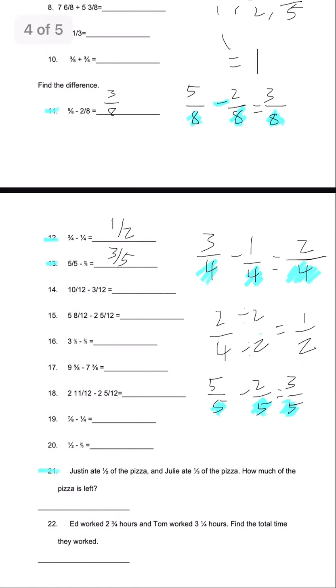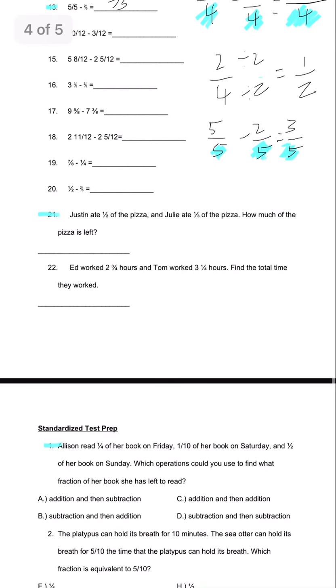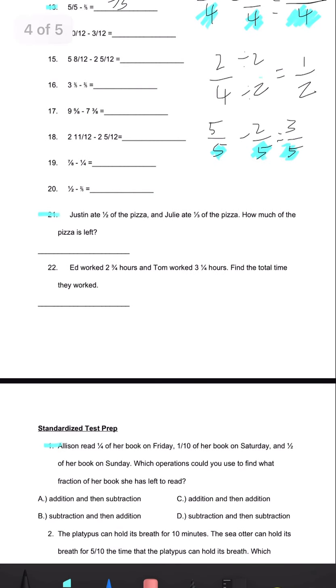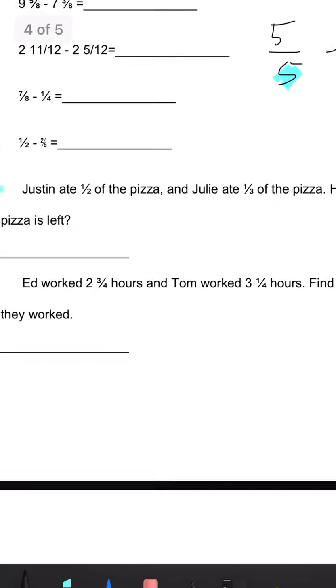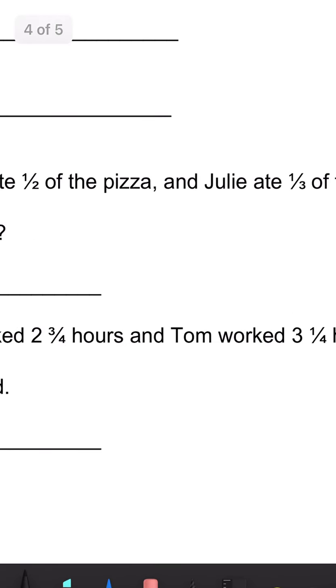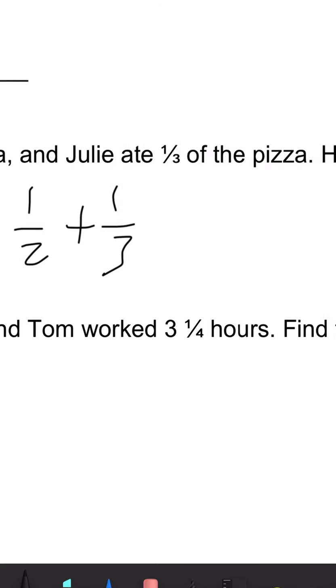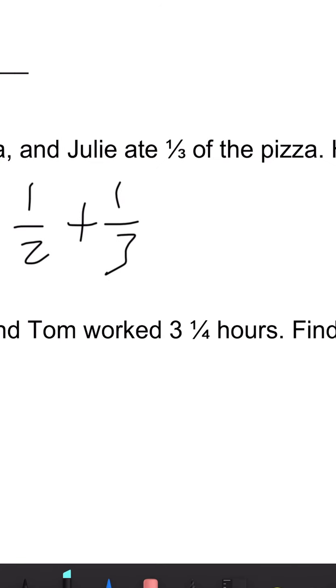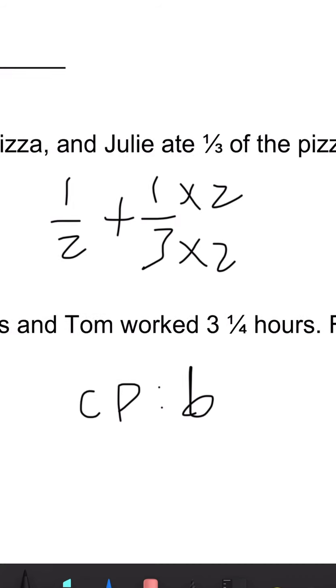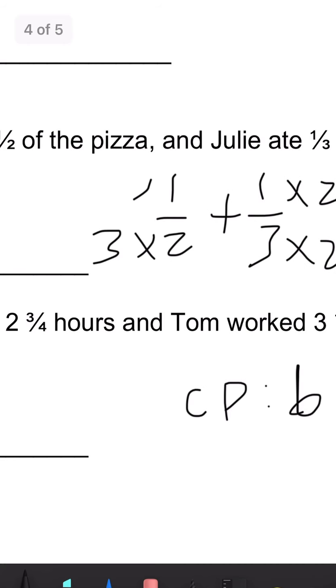Number 21, Justin ate 1/2 of the pizza and Julie ate 1/3 of the pizza. How much of the pizza is left? So our first step would be to add the two, 1/2 plus 1/3. Here we do not have a common denominator, so we're going to try to use the common denominator of 6. Okay, we're going to multiply this top and bottom by 2, and this side top and bottom by 3 to get the common denominator of 6.